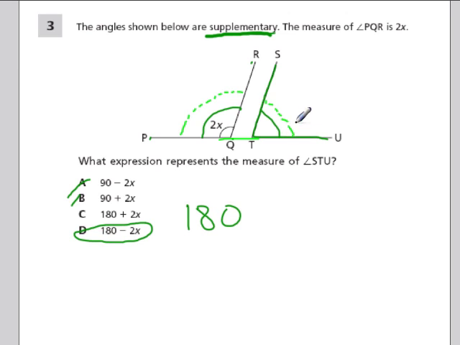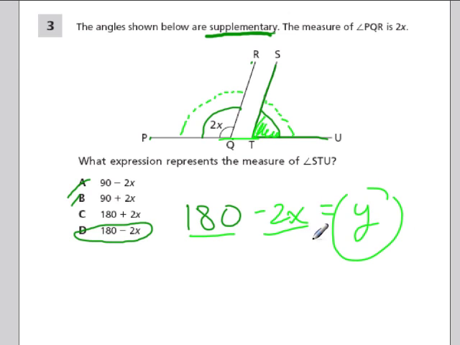If I know the whole thing here is 180 degrees, and I know that this chunk is 2x, if I took 2x from 180, I would have what's left over. So 180 degrees minus 2x has to give us the mysterious angle. Because if I take this angle y and add it to 2x, I know I get 180.